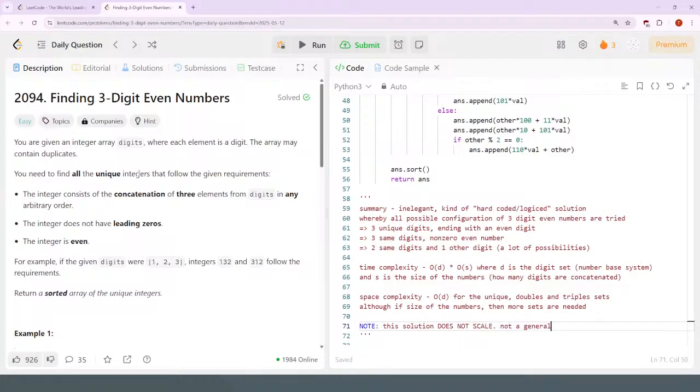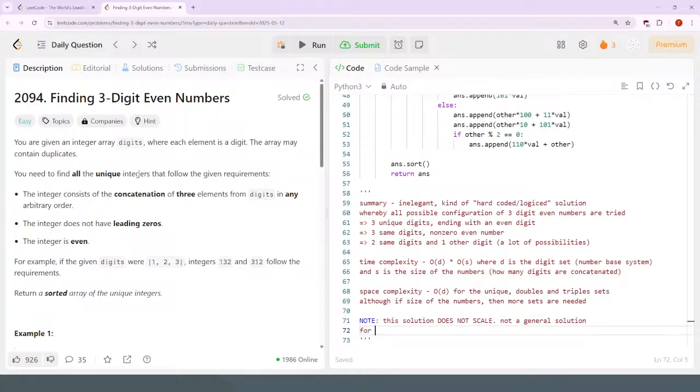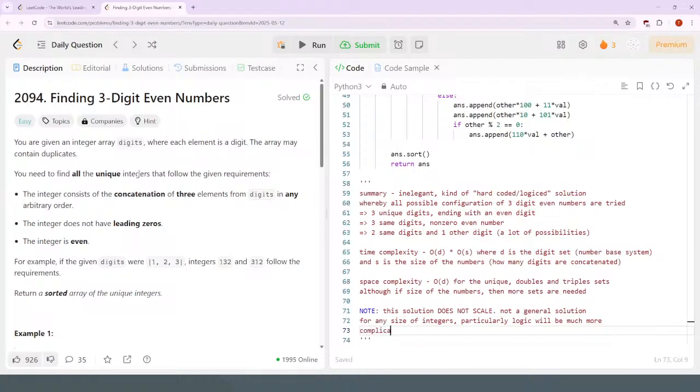It's not a general solution for any size of integers. The logic will be much more complicated with increasing number of digits, increasing size of number.